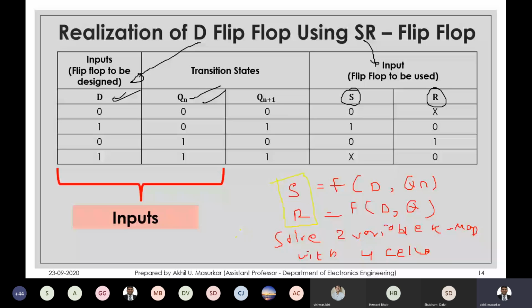So tell me what is S and what is R. Come on, do it quickly. Okay, B using SR. Yes, has given the answer.